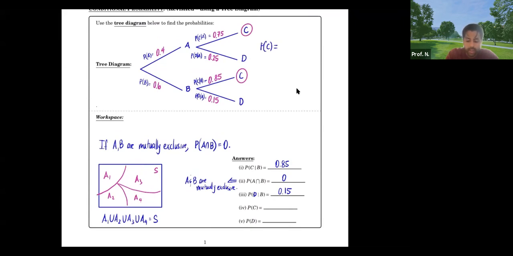Well, it matters if A occurred or if B occurred, right? So this is when we use the law of total probability. So the probability that C occurs is equal to the probability that C and A occurs plus the probability that C and B occurs.